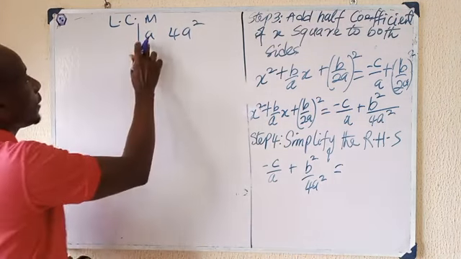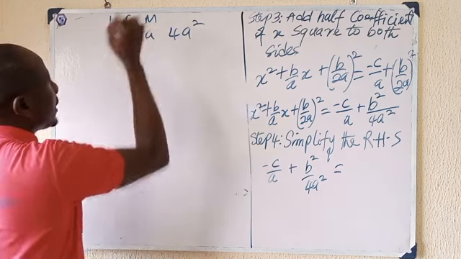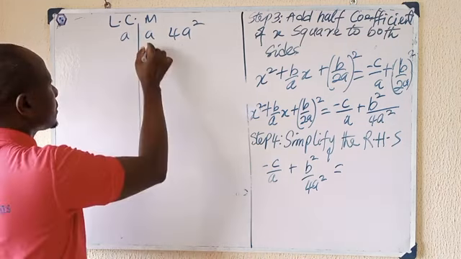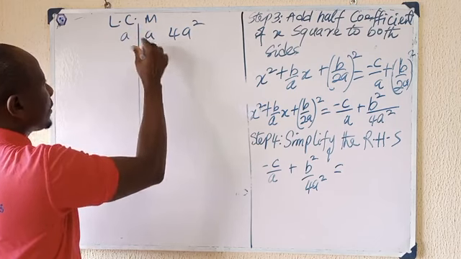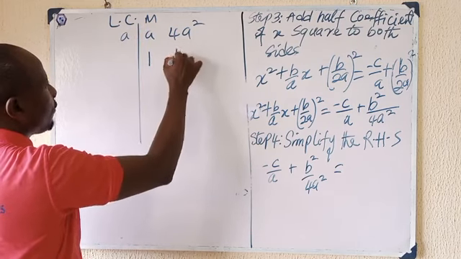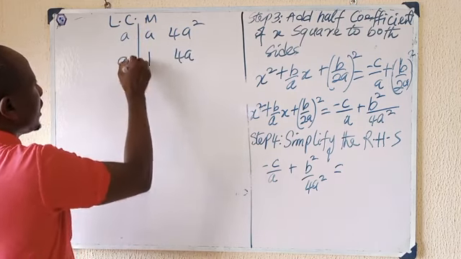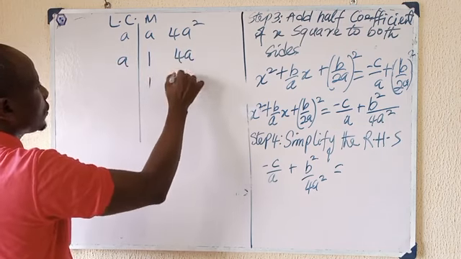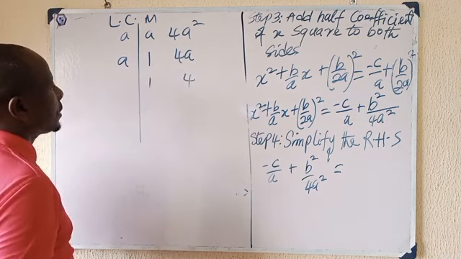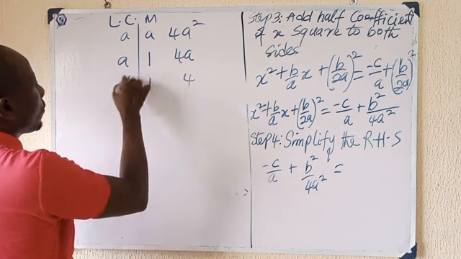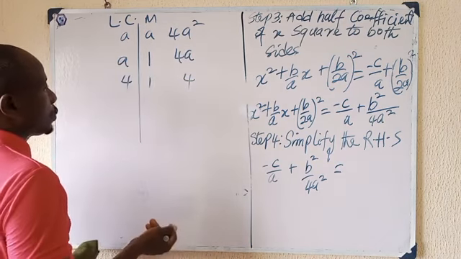Right? So a and 4a squared is divisible by a. So we have a, right? So a into this we have 1. 4a squared divided by a we have 4a. a can still go. a into this we have 1, into this we have 4. Can you see it? Now what we have left is what? 4. Or we can even use 2.